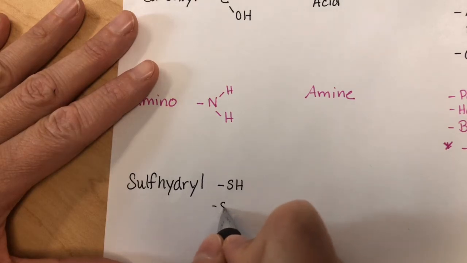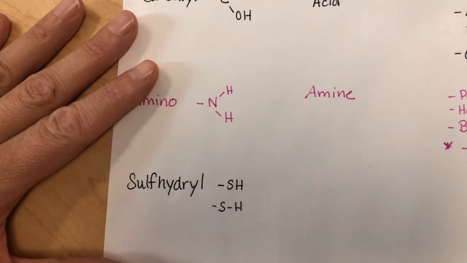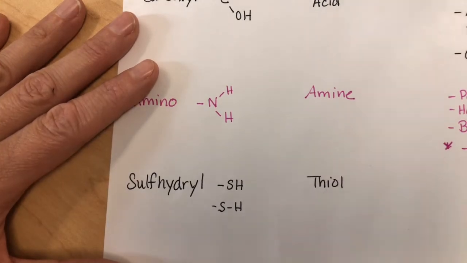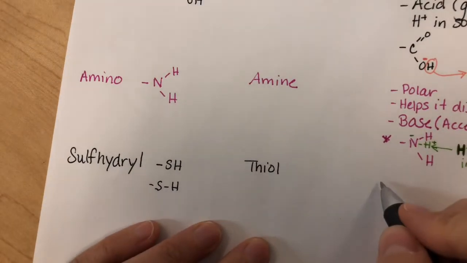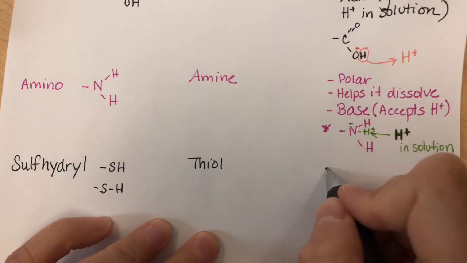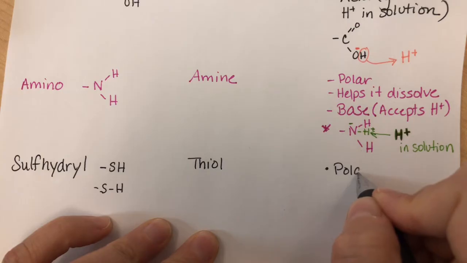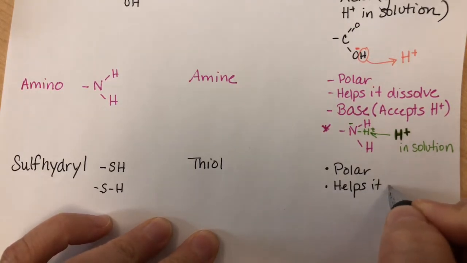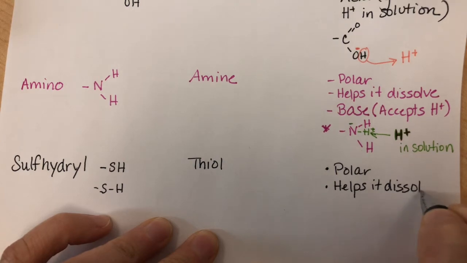Again, remember, it's really like this, but they just always shorthand that. If something has this, it's called a thiol. And the properties here are polar, helps it dissolve, again, common theme, helps it dissolve.